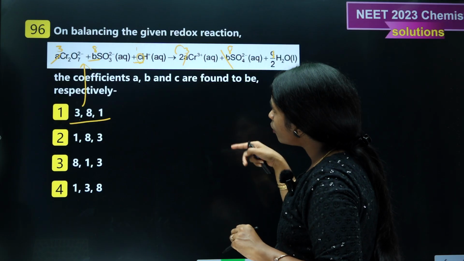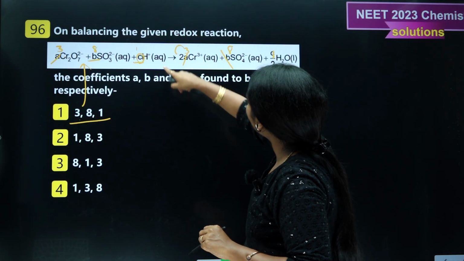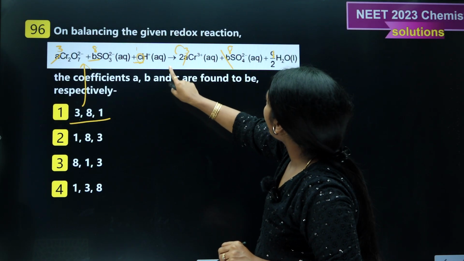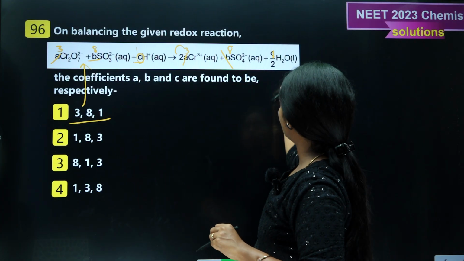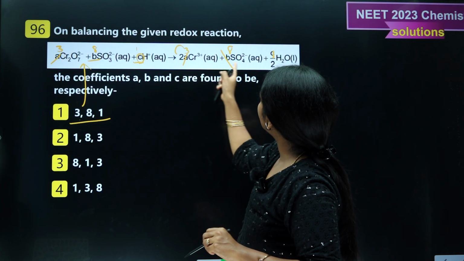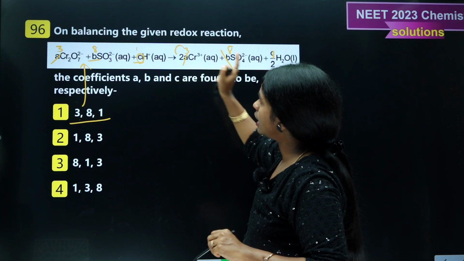And if you substitute all this, and after that balance the charge also. Okay, if you balance the charge, number of oxygens also and charge also.